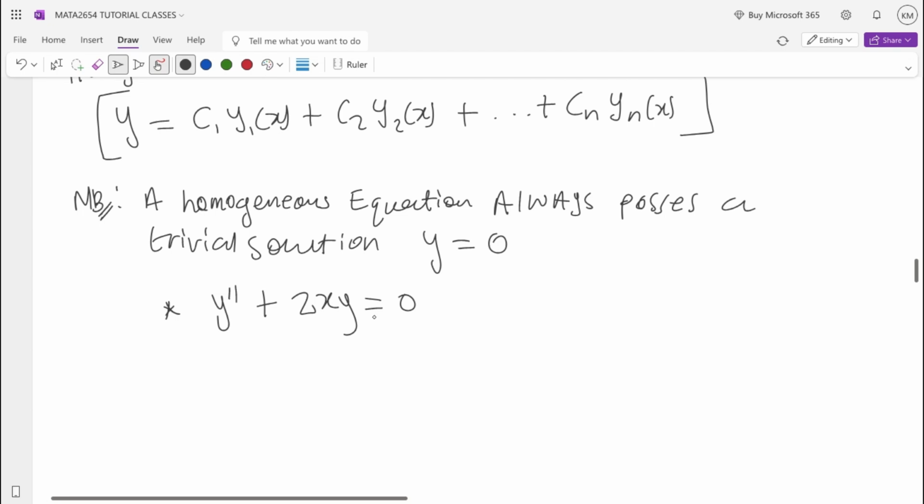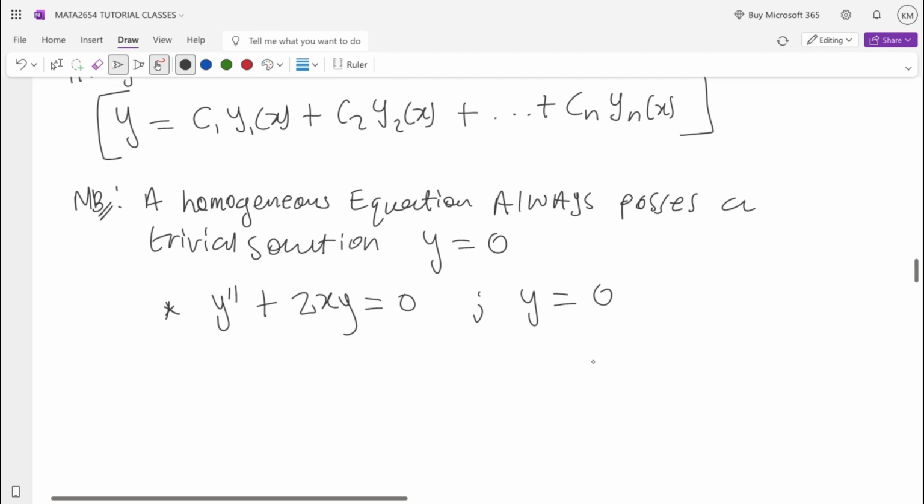Do we agree this is a homogeneous differential equation? Yes, because our differential equation is equal to zero. So we know it's homogeneous, but they tell us that it always possesses a trivial solution y equals zero.